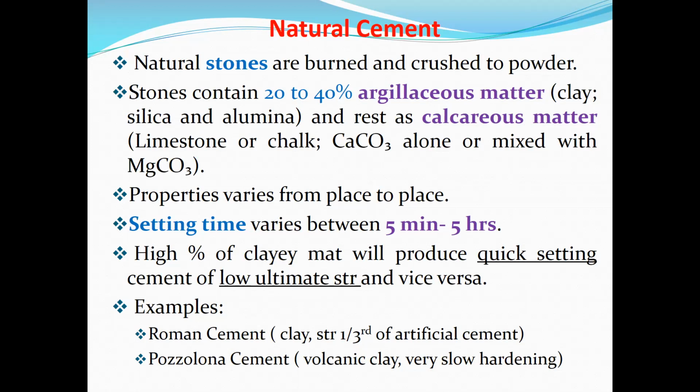And in case of natural cement, which is produced from natural stones, the property varies from place to place, because the natural stones used in the USA, in China, and in some other places differ. So the properties vary from place to place, and because of this, the setting time also varies from 5 minutes to 5 hours, because these are natural stones.